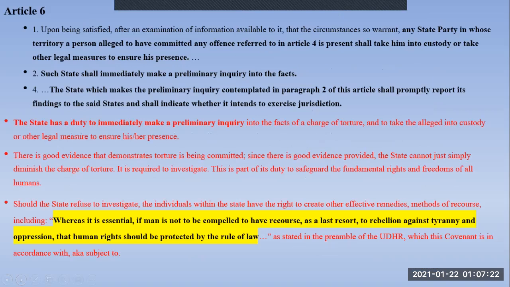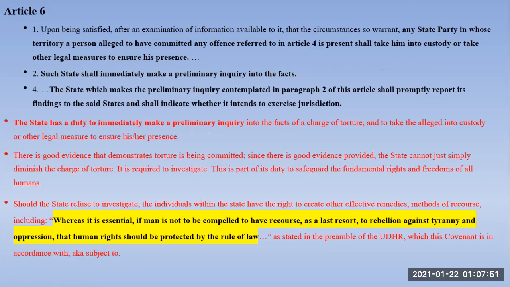So Article 6 states that upon being satisfied, after an examination of information available to it, that the circumstances so warrant, any state party in whose territory a person alleged to have committed any offense referred to in Article 4 is present shall take him into custody or take other legal measures to ensure his presence.